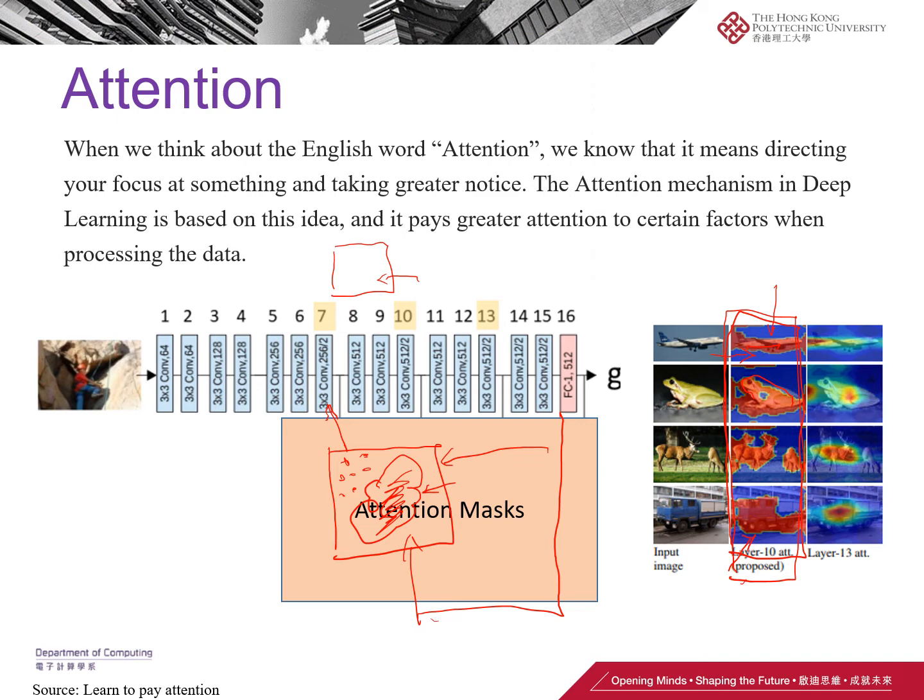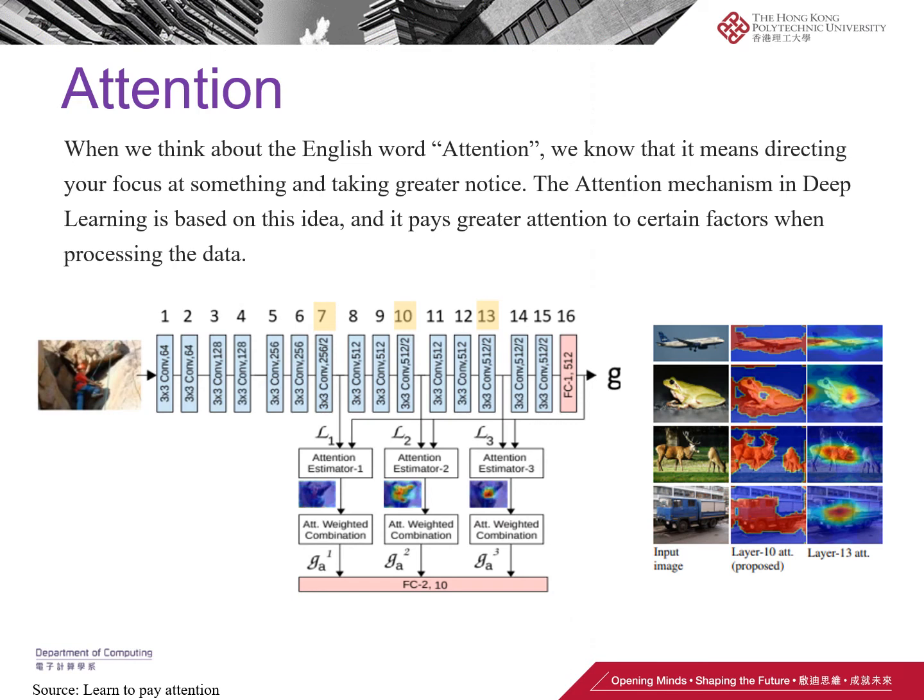But in the original implementation, you can see it applies the mask at different layers of the original neural network, and finally you should be able to get better predictions. And this is the basic idea of the attention mechanism.